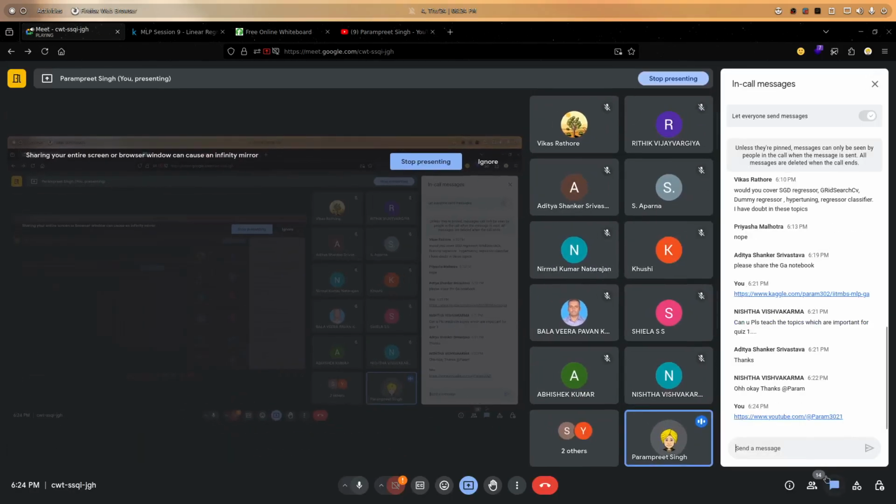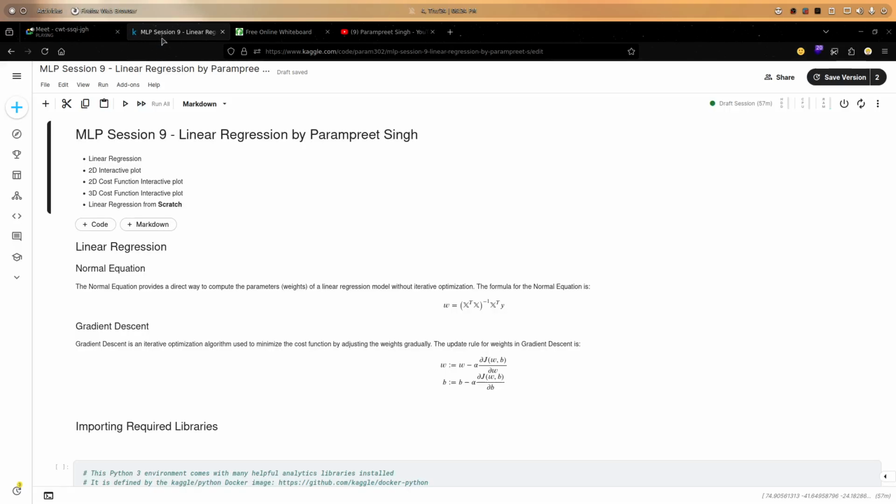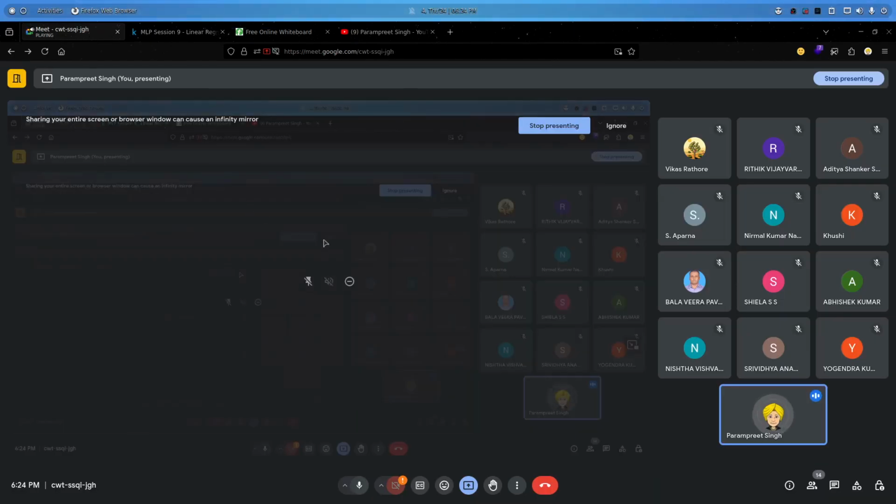So in today's session, we will mainly be doing linear regression. In the last session, number 8, we did linear regression in complete detail, how it works. Today we won't focus on the details of how linear regression works, though I will give you a recap.